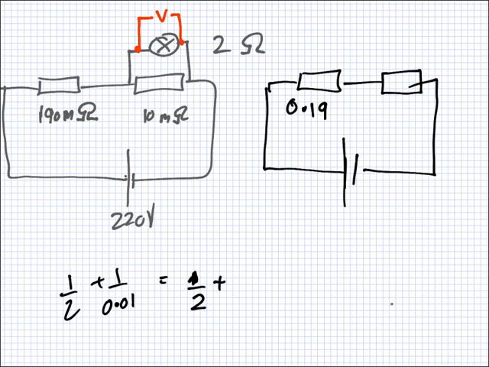So, shall we look at it? What resistance did you get here for this one, if you add these two together? 10 over 1005? Really? 2 over 201. What's that as a decimal? I didn't simplify.